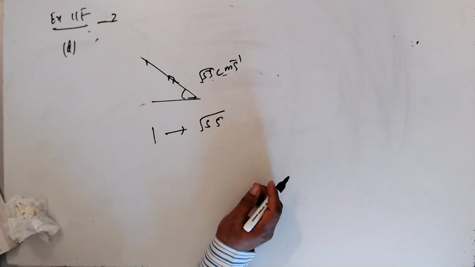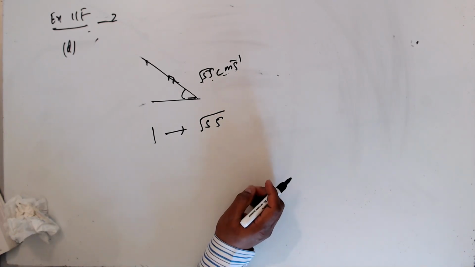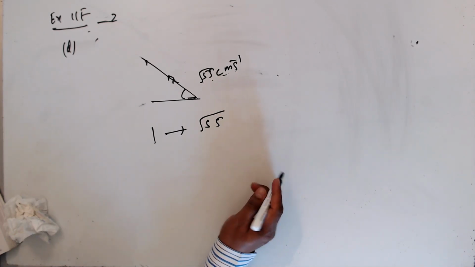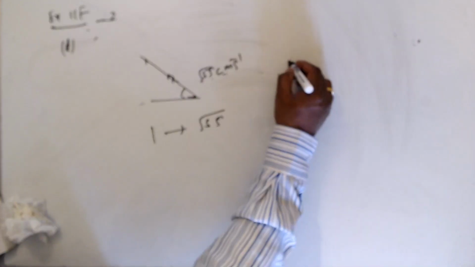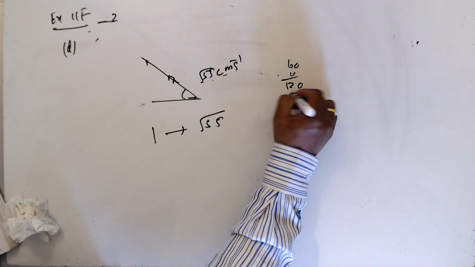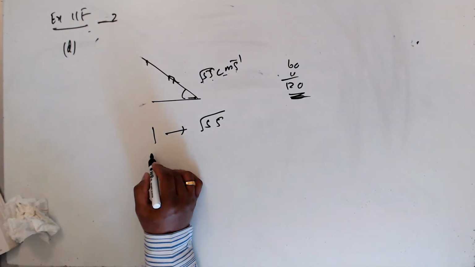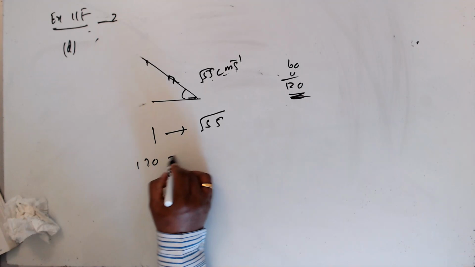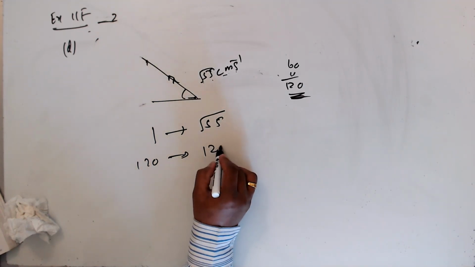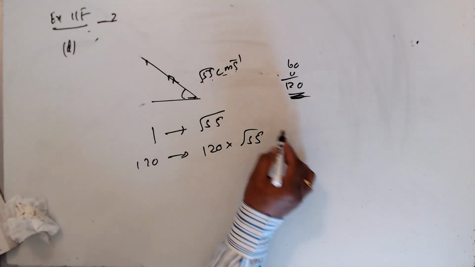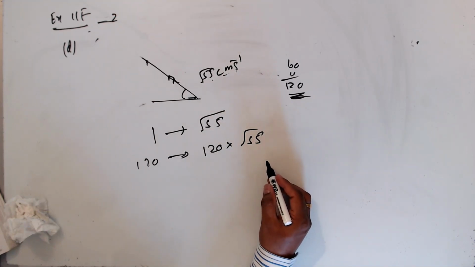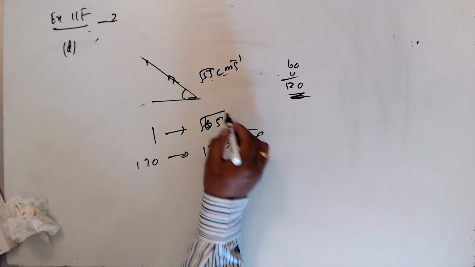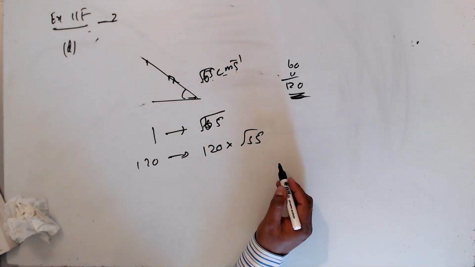So how many seconds do you want? 2 minutes. 2 minutes means how many seconds? 60 and 60, 120 seconds. Then I want to multiply by 120. For 120 seconds, you are going 120 times square root 65. Actually this is 65, not 55.